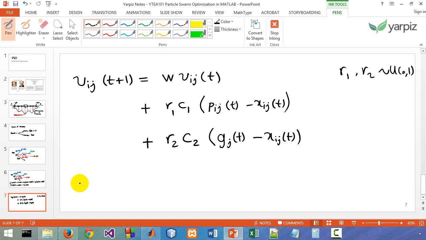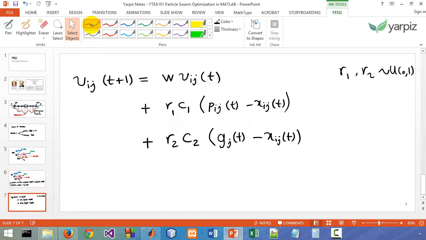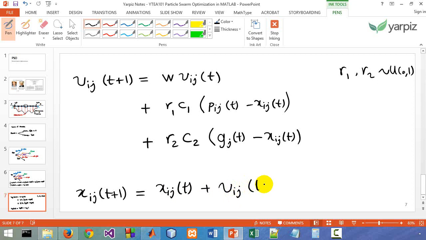And the equation for updating the position is the same, or it can be stated as the component-wise version, like xij t plus 1 equals xij t plus vij t plus 1.